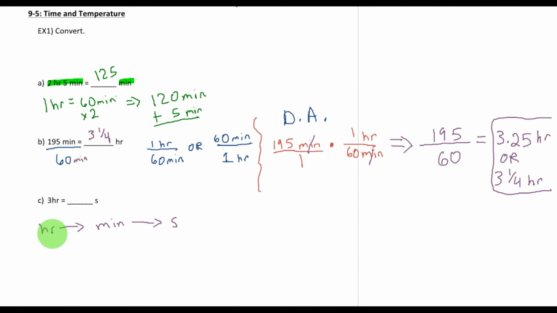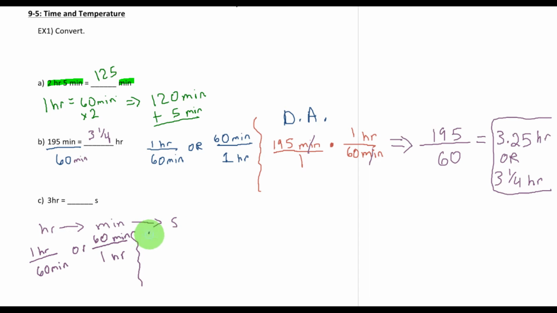So we want to convert from 1 hour to minutes. Well, we know for every 1 hour, there are 60 minutes, or the reverse, and we can rewrite that again, or there are 60 minutes per 1 hour. Also, we want to convert from minutes to seconds.